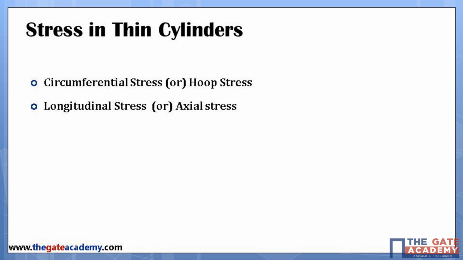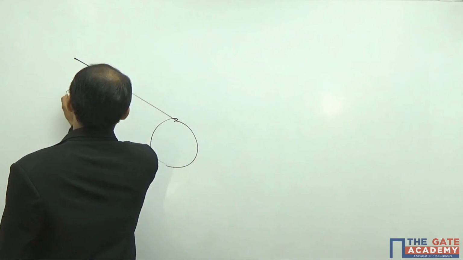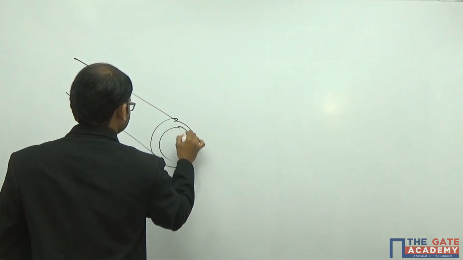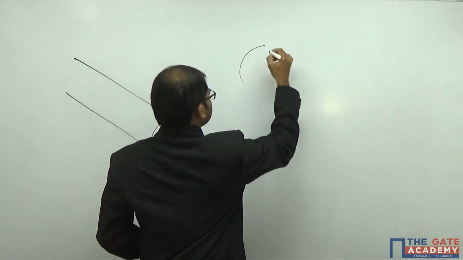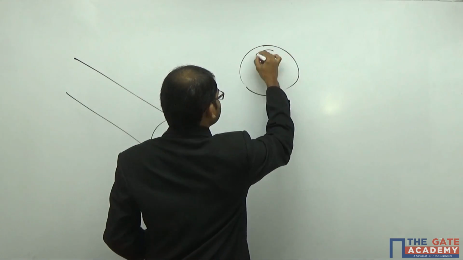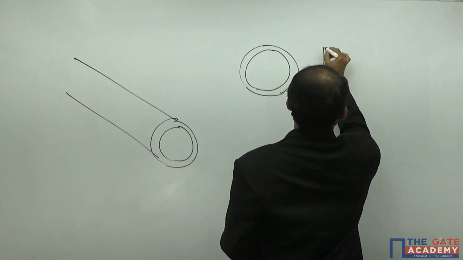So, stresses in a thin cylinder. If you take a three-dimensional view of a thin cylinder, it would look like this. If you take the front view, it will be like this. And the side view will be like this.